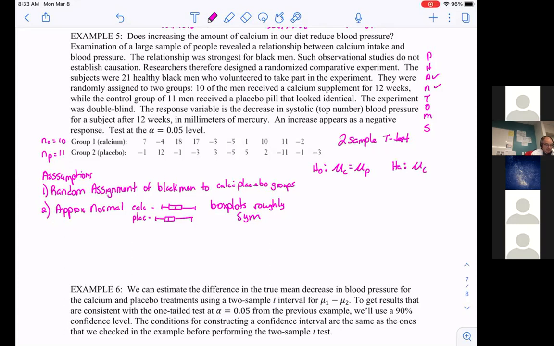So that means that we're going to see a bigger decrease in that. So again, it's figuring out how that compares calcium to placebo. And again, because we're measuring the difference in blood pressure, we want to see if my calcium group has a larger average difference than my placebo group. And then we have to define all these.